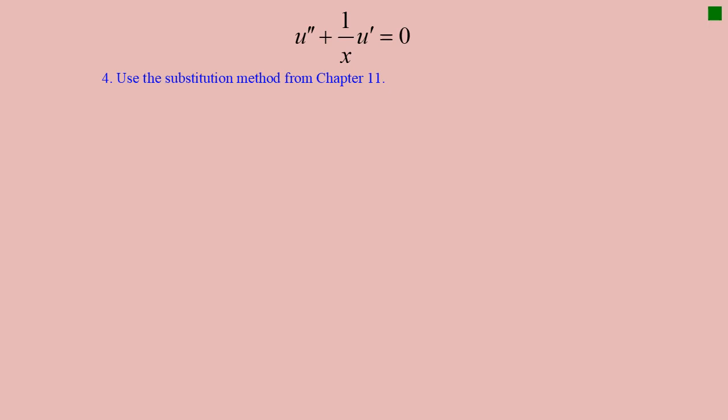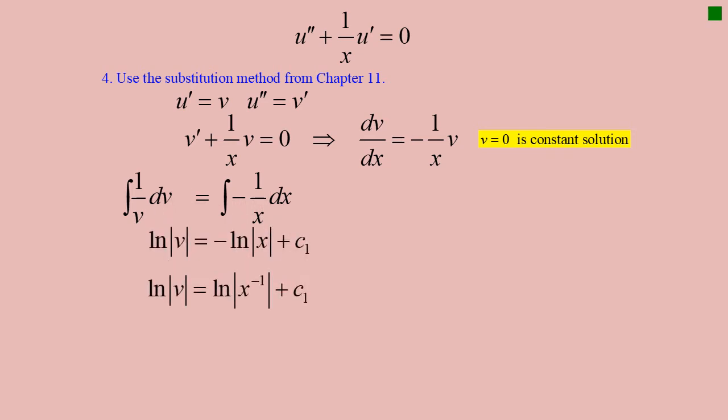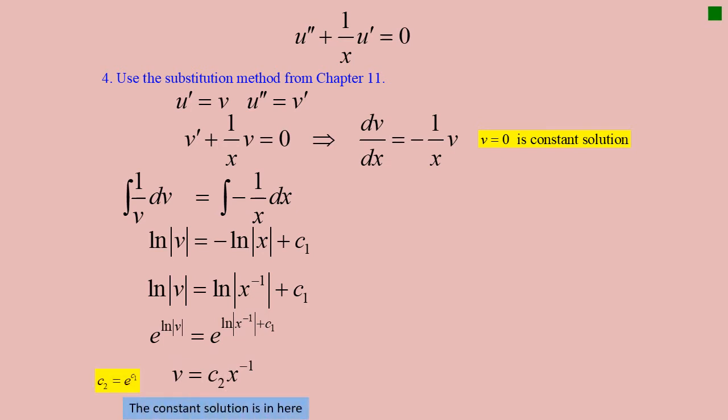Now, to use the substitution method from chapter 11, we can't use u because we've just changed our equation from y's to u's, so we'll use v instead. And so we'll use u prime equals v, u double prime equals v prime, do the substitution, and have a first order equation which happens to be separable. We'll recognize constant solutions, separate it, integrate it, and then finish solving for v, and then start substituting again.